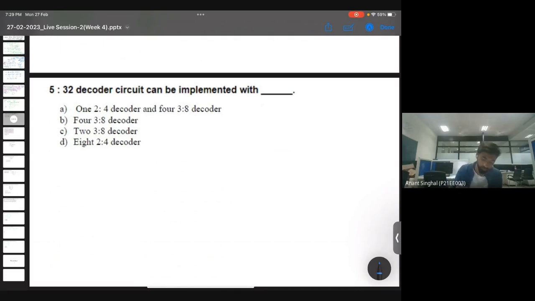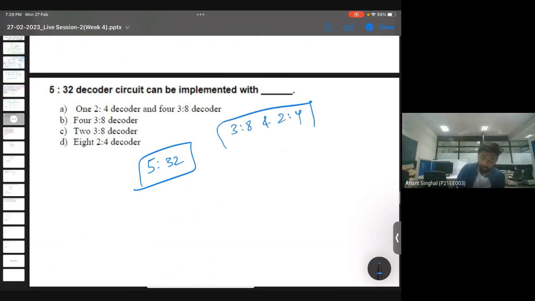So the question says that 5 cross 32 needs to be implemented with some 3 cross 8 and 2 cross 4 decoders. So can you tell me how to do it? Again, you can start with the larger number and then divide. So option D says that 2 cross 4, and the other option says that 3 cross 8.